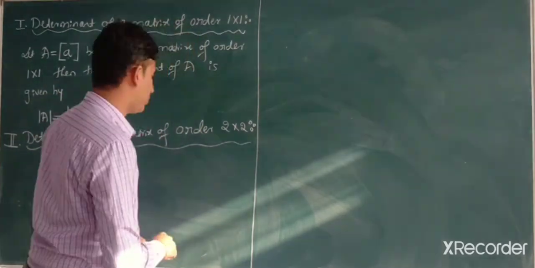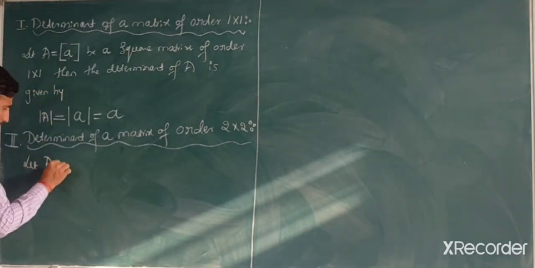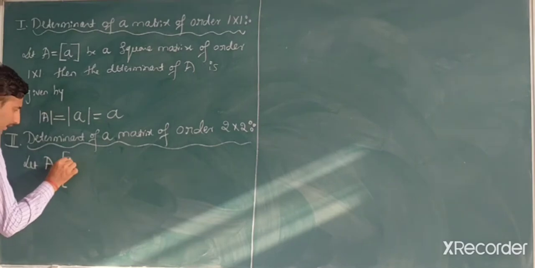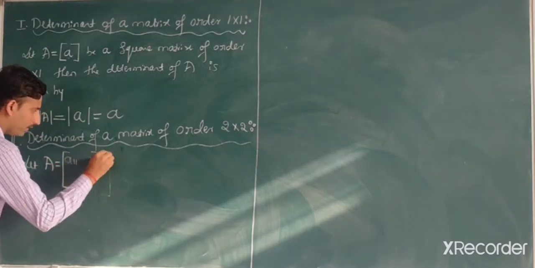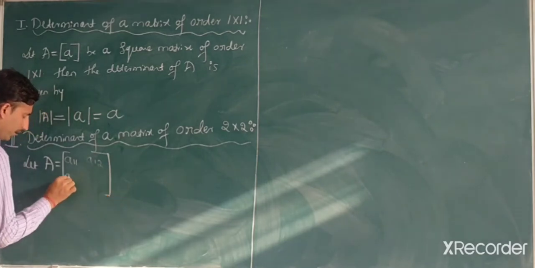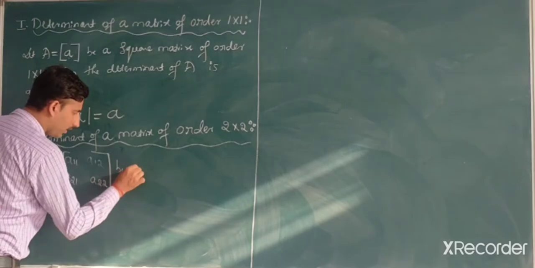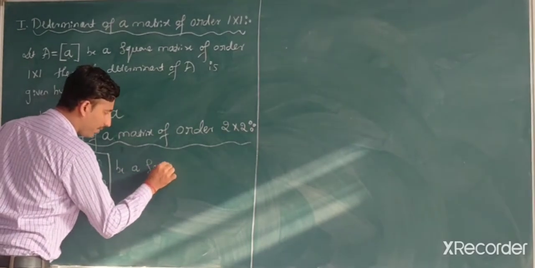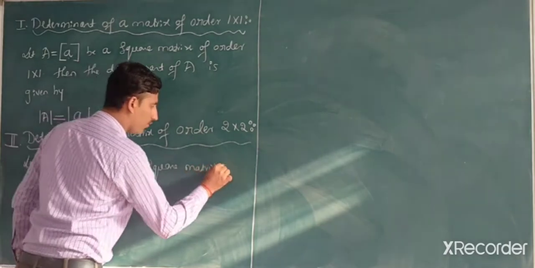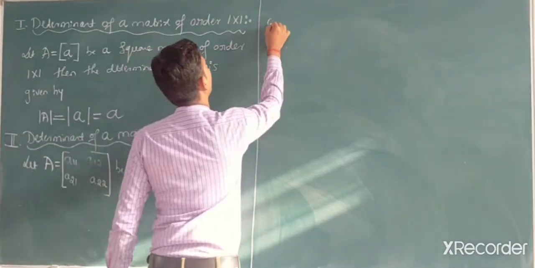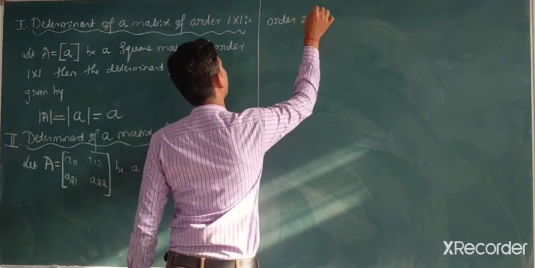I will write a 2 cross 2 matrix, capital A equal to A11, A12, A21, A22, be a square matrix of order 2 cross 2.